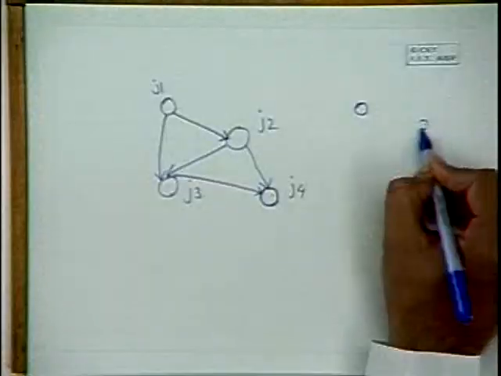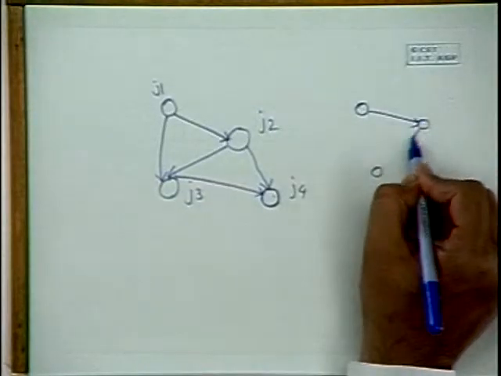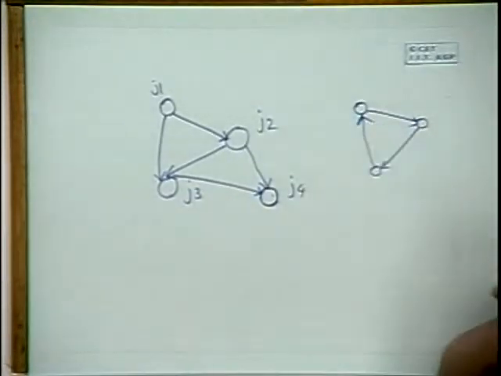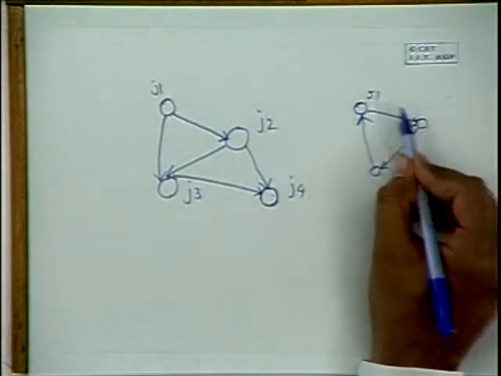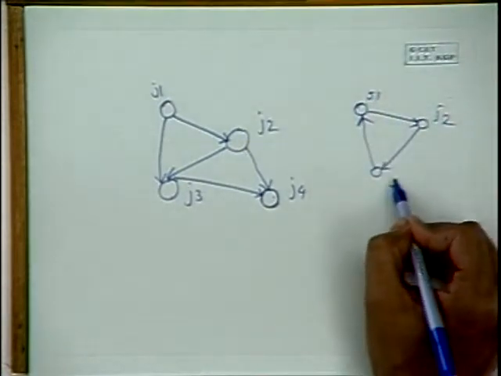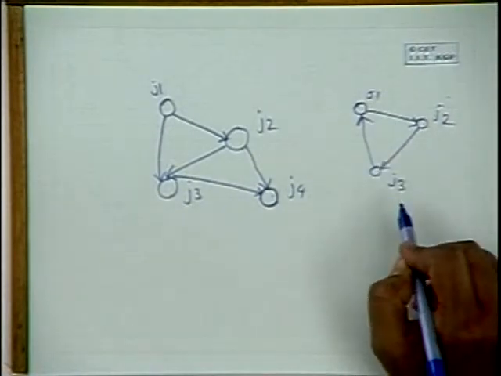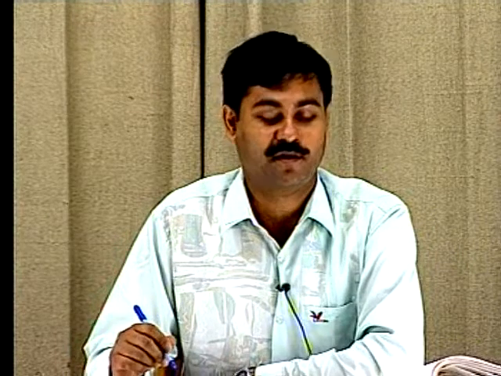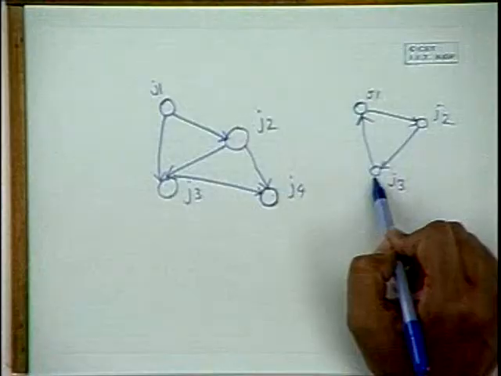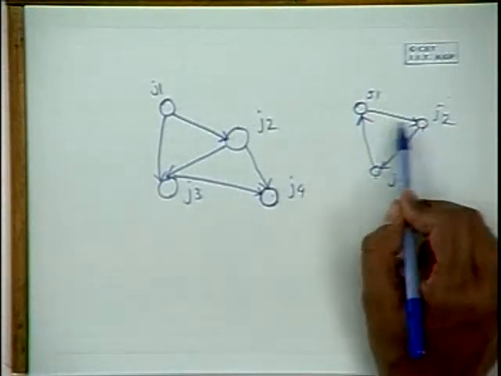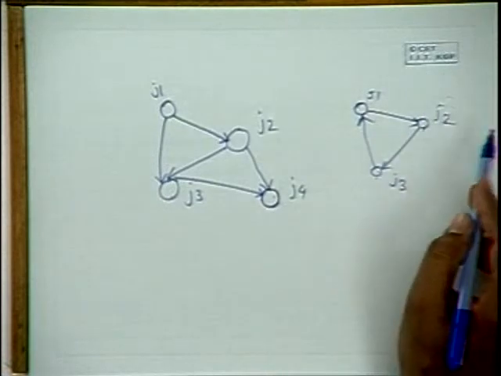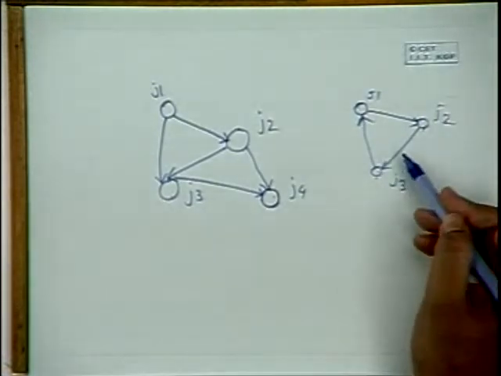Otherwise you cannot do it. Suppose we have a graph like this, say with 3 vertices, with this dependency, J1, J2, J3. No way you can schedule all the jobs such that all the requirements will be valid, because J1 is dependent on J3, J3 is dependent on J2, J2 is dependent on J1. It's a cyclic dependency. So you cannot solve this problem.